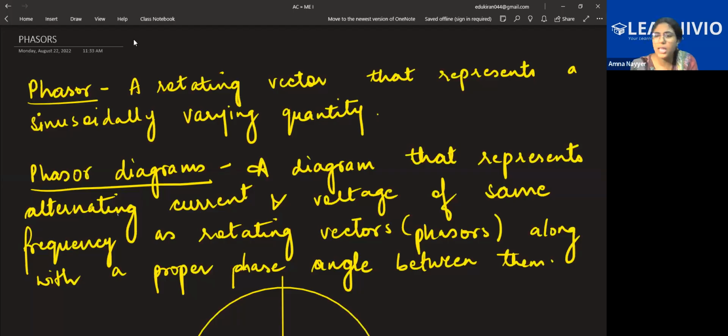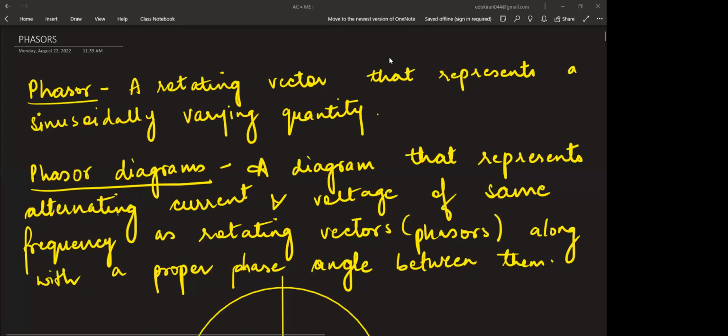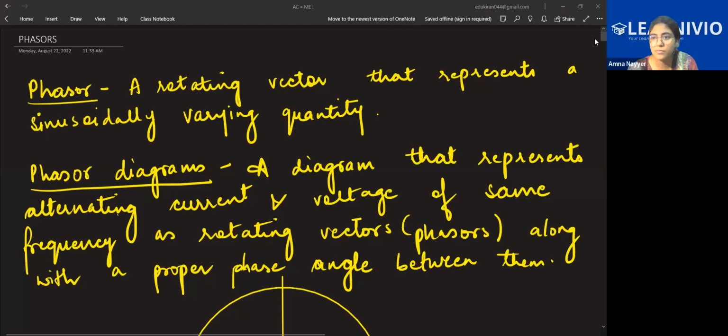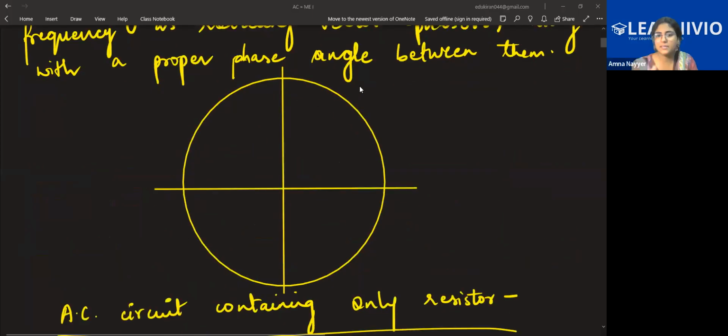If I just ask you, without explaining anything, to make a figure so that I understand whether the voltage is greater or the current is greater, what you can do is make a circle, make a quadrant like this. And then if you draw the current somewhere and the voltage somewhere, that will easily tell me whether the current is ahead or the voltage is ahead.